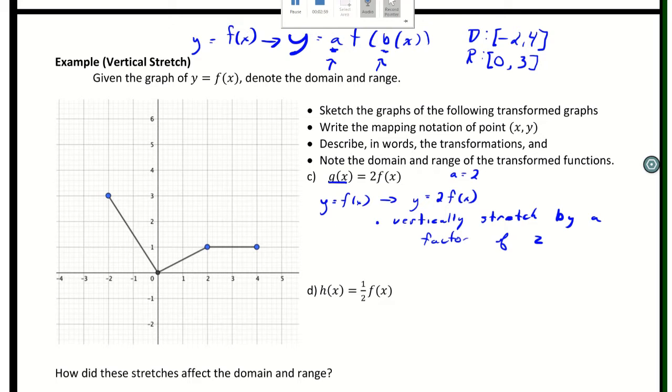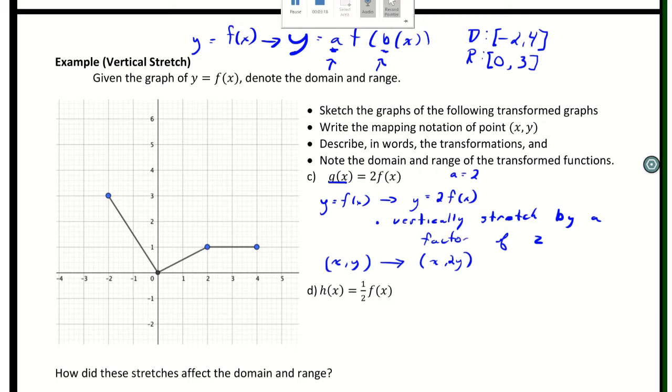So f(x) has point (x, y). How does the transformation change the graph? Well, we multiply the y values by 2.